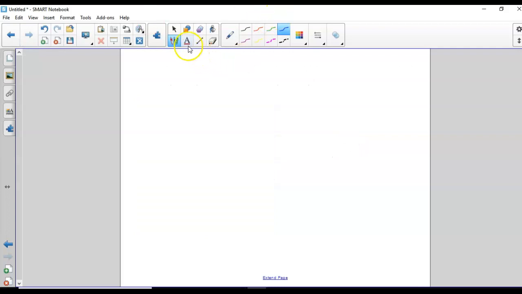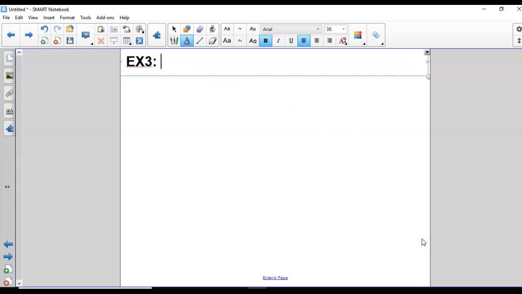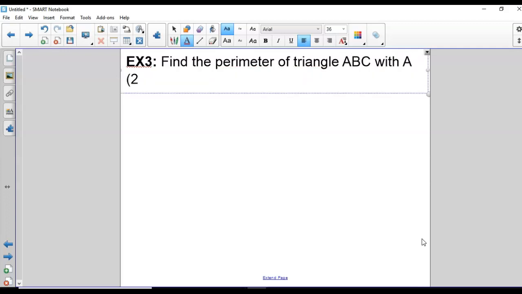All right, let's try something else. Do a different graph for all of them. Find the perimeter of triangle ABC with A at 2, 1, B at -3, 5, and C at -3, -1.